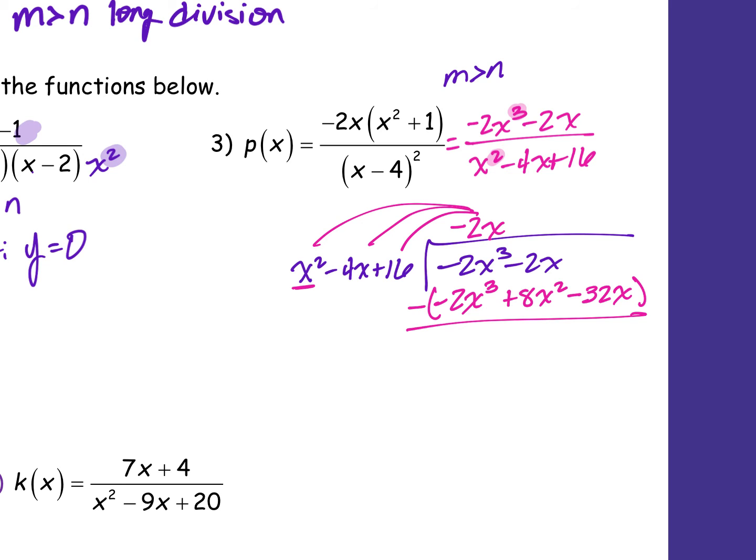So I'm going to get, let's see, 8x squared plus 30x. I think that's right. Oh, no, it should be negative 8x squared. Okay. Plus 30x.